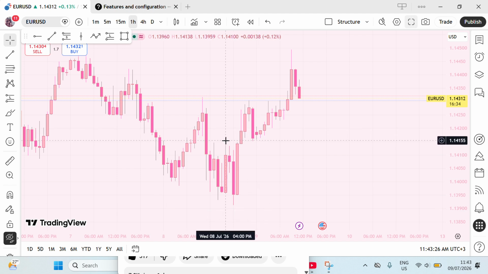When you see me draw a line here, it doesn't mean price is supposed to come back to this exact line that I've drawn. No. As long as I see a retest, and I told you guys a retest or a pullback must have space inside here, and this is the space I'm talking about. You feel? This is the space we're always talking about, and this indicates a trend change.